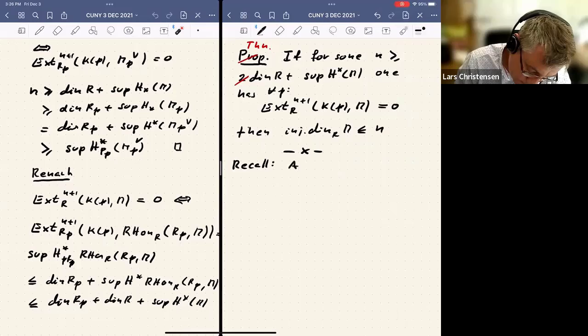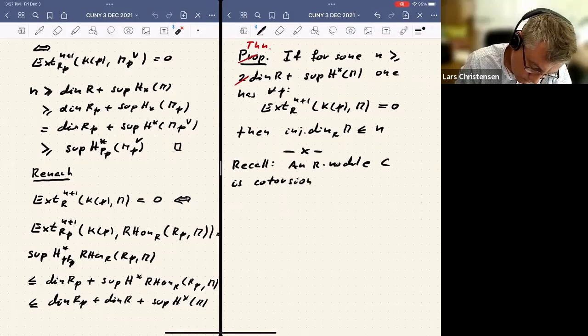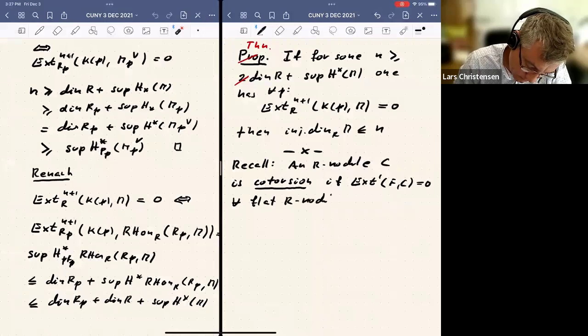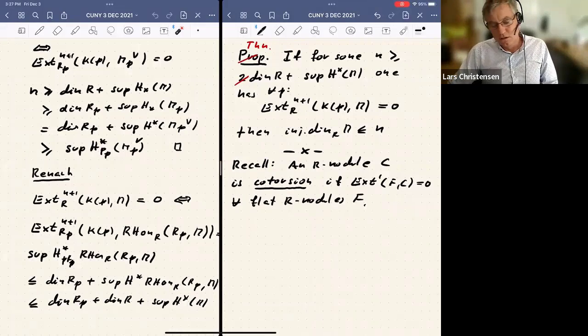So an R-module C is cotorsion if Ext^1(F, C) is 0 for all flat R-modules F. So that's what it means to be cotorsion.